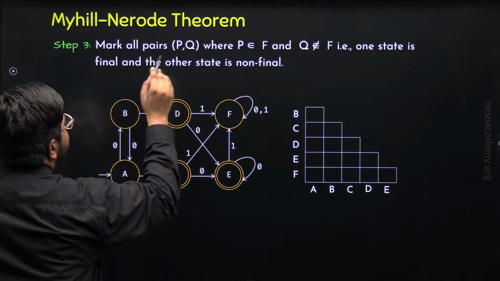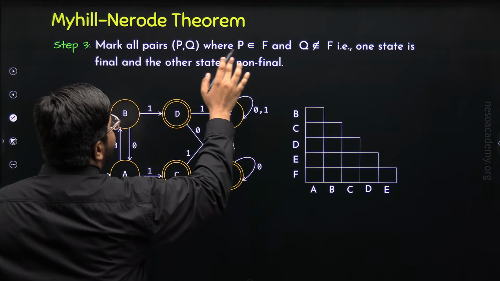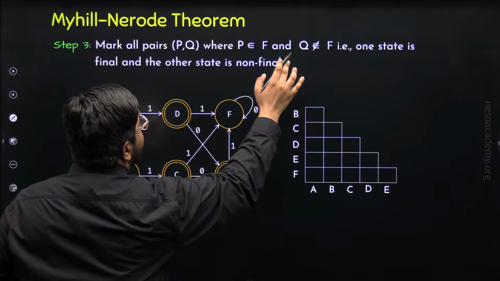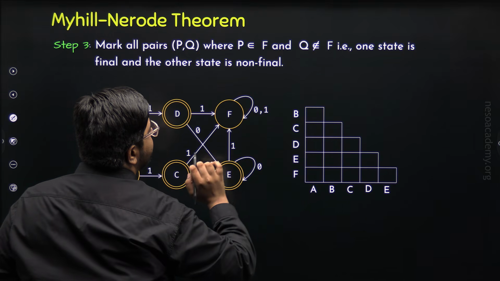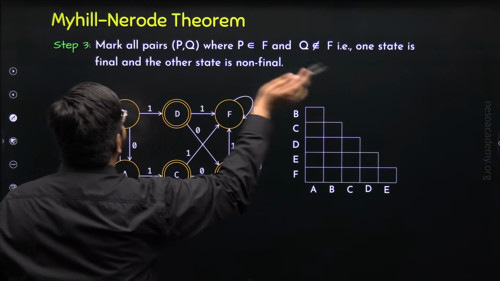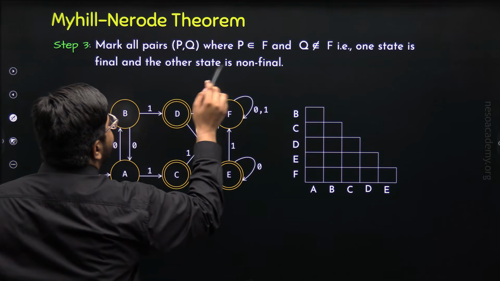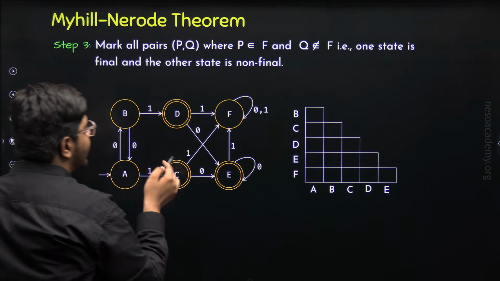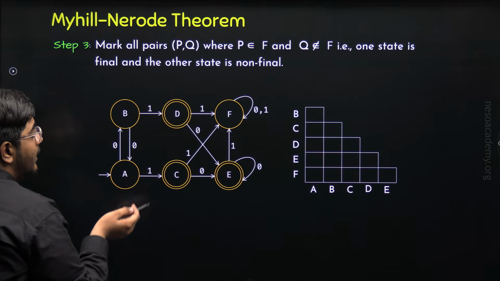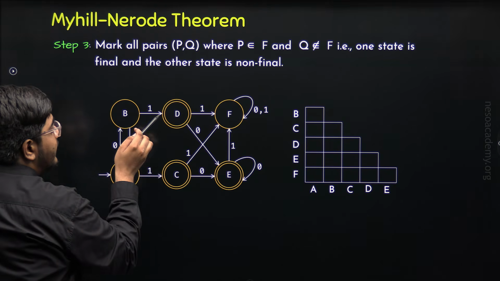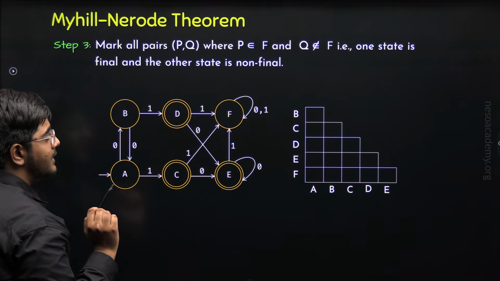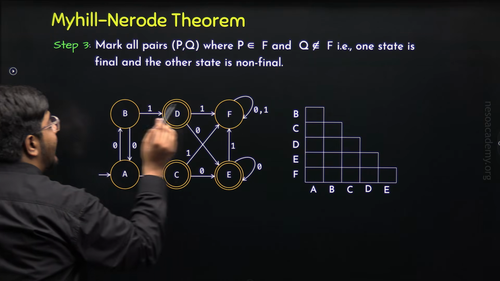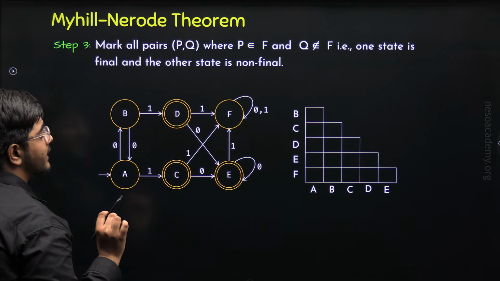Mark all pairs P, Q where P belongs to F and Q does not belong to F. That is, one state is final and the other state is non-final. Now in this particular diagram, we can see the states C, D and E are the final states and A, B and F are the non-final states.